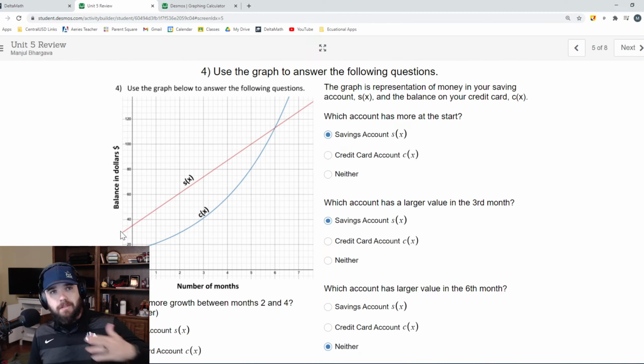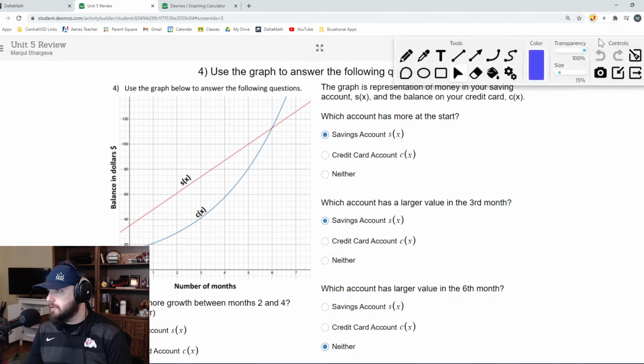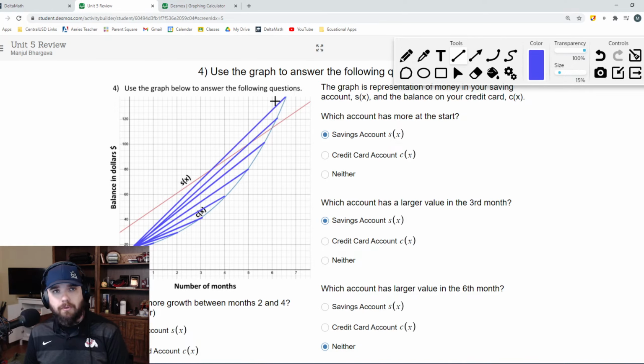But when we're talking about exponential functions, my average rate of change is going to increase or change. So if I draw a line here to here, and then from here to here, see how it's starting to slowly increase. I know it's not perfect art, but my rate of change is changing. In fact, it's growing faster and faster as we go through this.